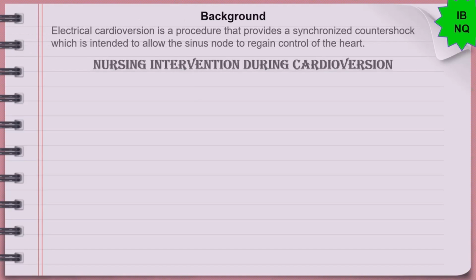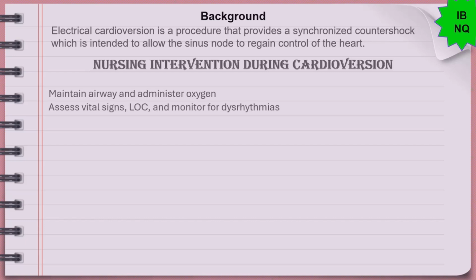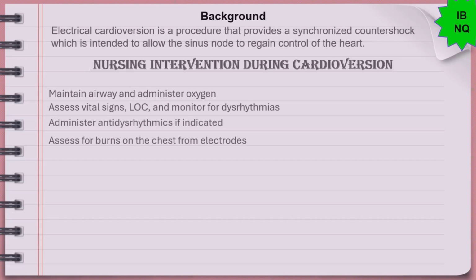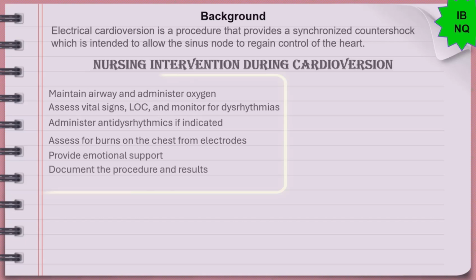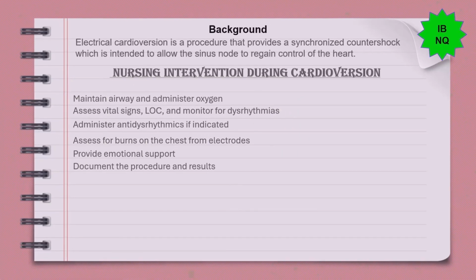Nursing interventions following cardioversion include: maintain airway and administer oxygen, assess vital signs and LOC, monitor for dysrhythmias, administer antidysrhythmics if indicated, assess for burns on the chest from electrodes, provide emotional support, and document the procedure and results.